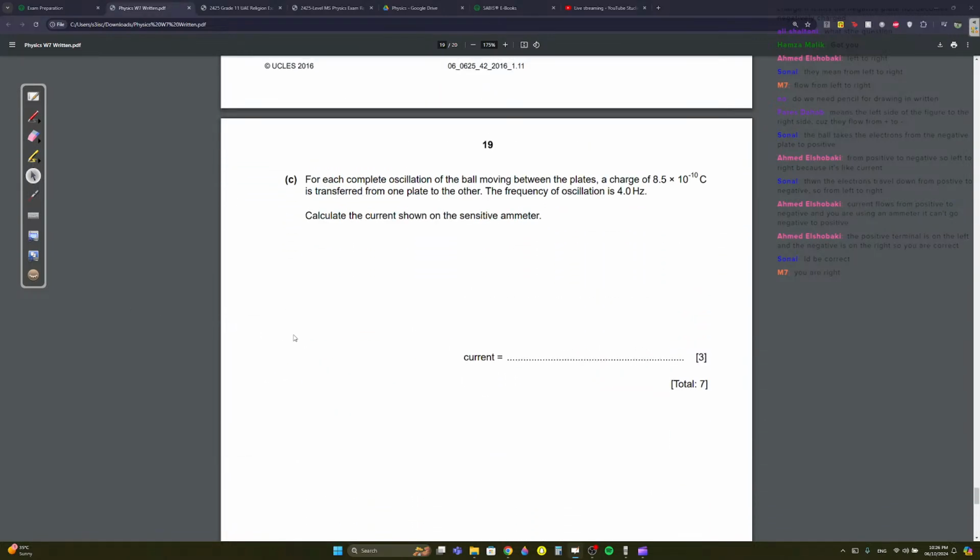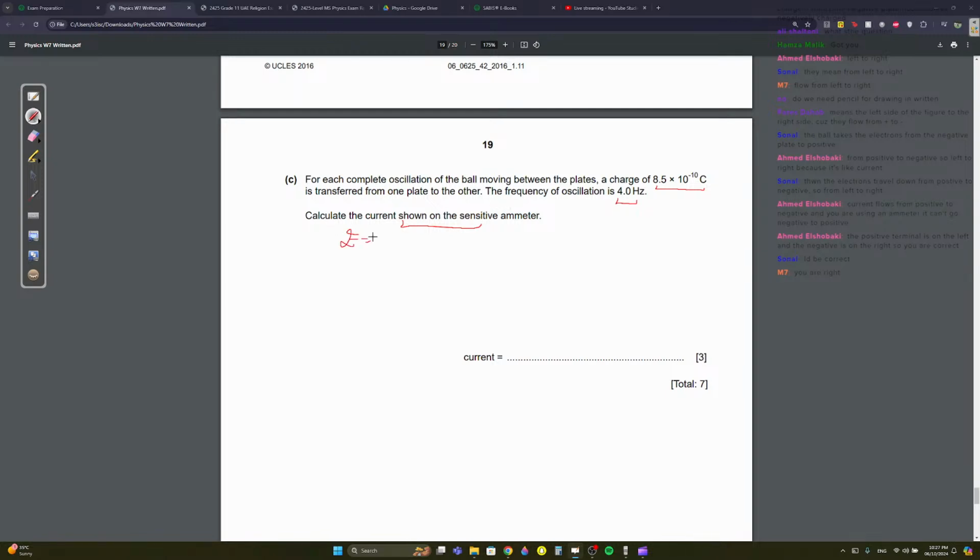Part C: for each complete oscillation of the ball moving between the plates, a charge of 8.5 times 10 to the power of negative 10 coulombs is transferred from one plate to the other. The frequency is 4 Hertz. Calculate the current shown on the ammeter. Let me see here. You have frequency.